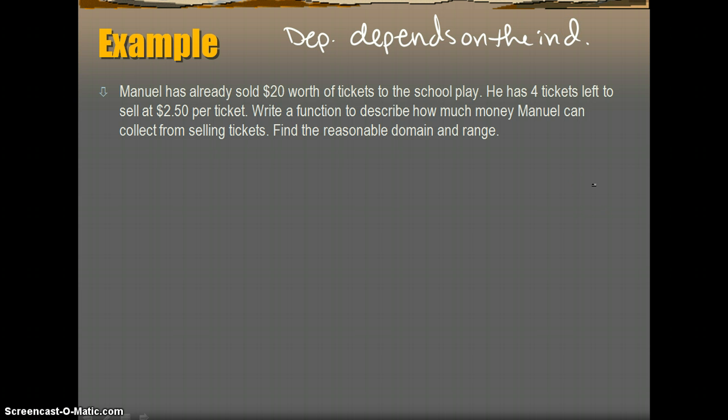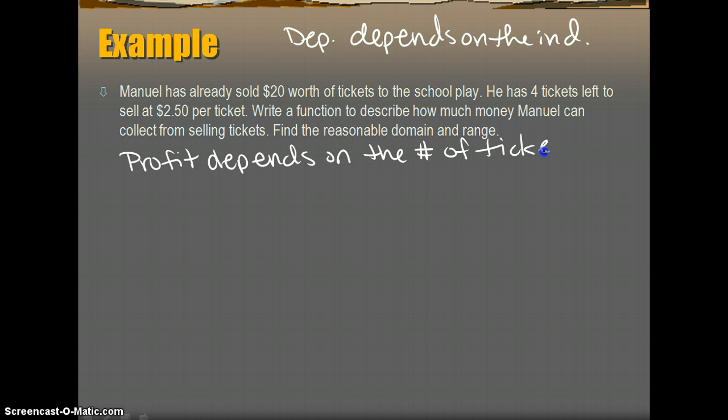Given this information and what we're talking about, we can determine that the profit depends on the number of tickets sold. Therefore, your profit is y and the number of tickets is x.